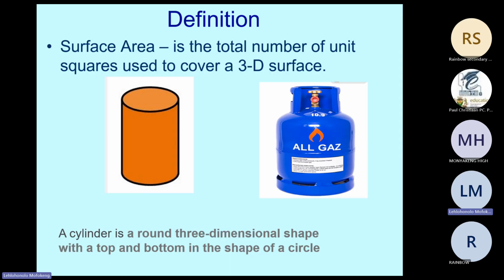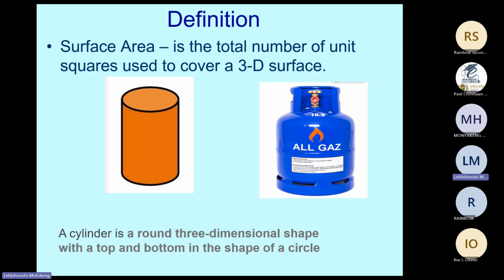All the areas of the faces that make that particular object, we refer to them as surface area. So in other words, for us to get the surface area of a particular prism, we must add all the faces, the areas of all the faces.